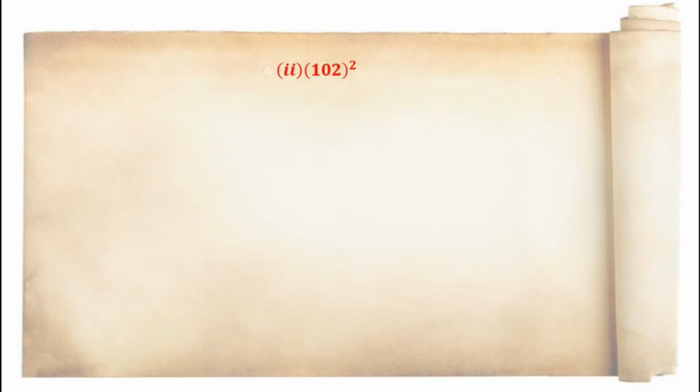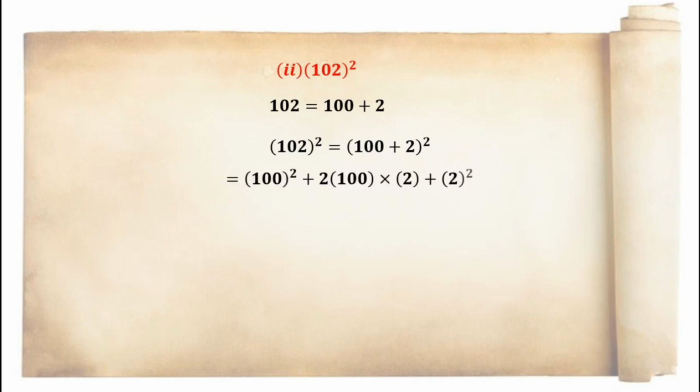And the second question, you are observing, is 102 raised to 2, and here is the solution for it. 102 is equal to 100 plus 2, and 102 raised to 2 is equal to (100 plus 2) raised to 2, which is 100 raised to 2 plus 2 into 100 into 2 plus 2 raised to 2.